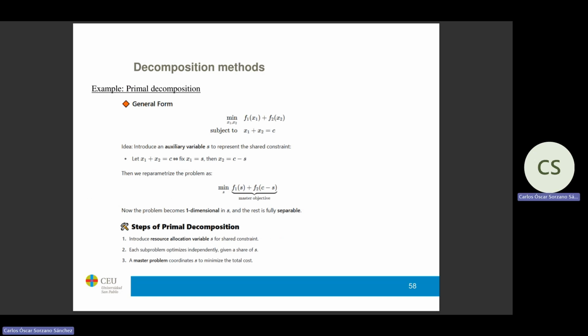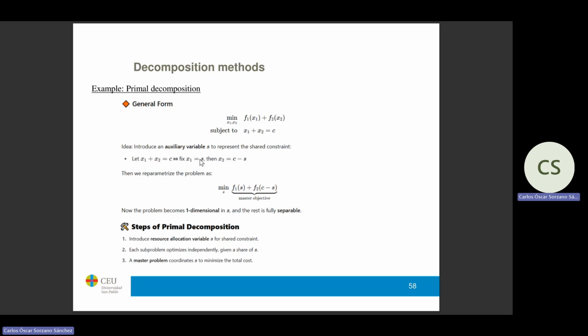Here we have another way of solving this kind of problem. Let's say that we have the same formulation. We have a goal function where the first part depends on x1, the second part depends only on x2, and they are coupled. So what you can do is fix one of them. Let's say x1 is s.